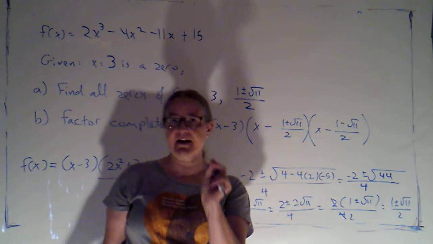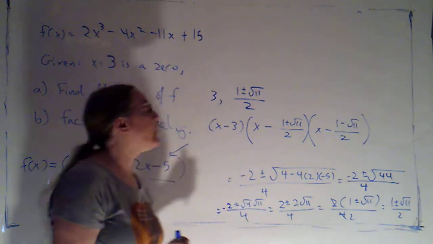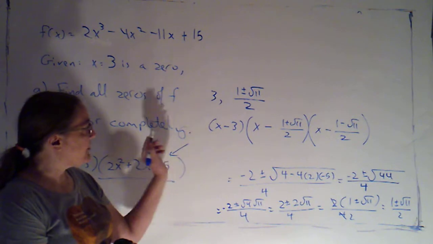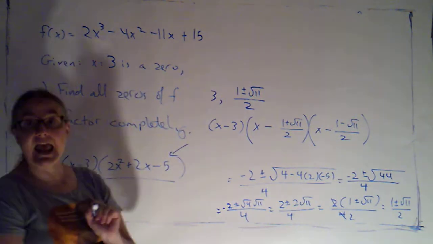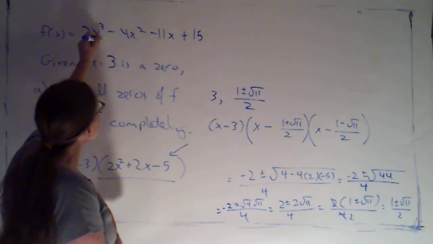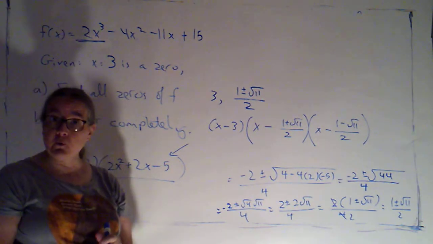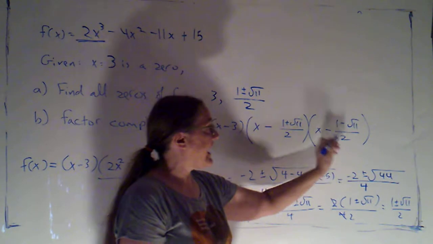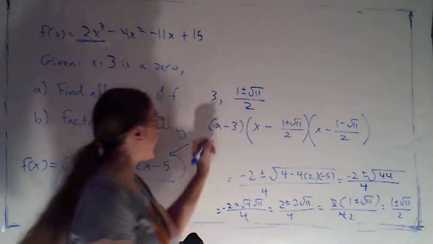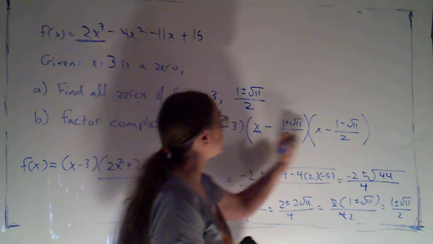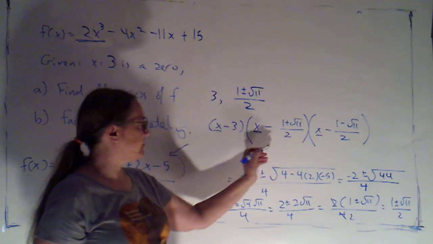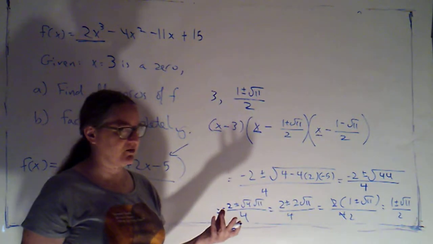Now I do need to be very careful when I'm using the quadratic formula like this, because I know I'm supposed to be multiplying this out to get back to f. The lead term of f is 2x cubed. I've written this right now as a product of three linear factors, each of which has a lead term of just x. So if I multiplied out, the lead term of this would just be x cubed.